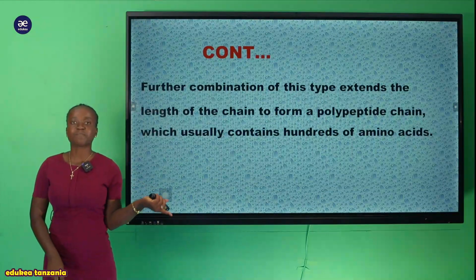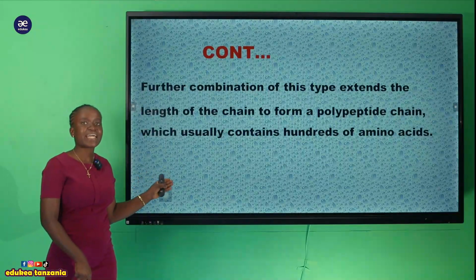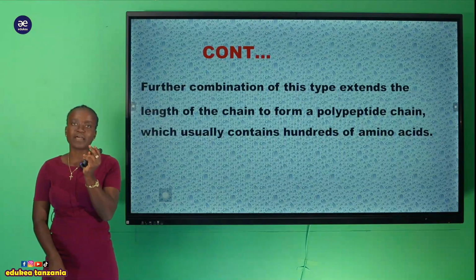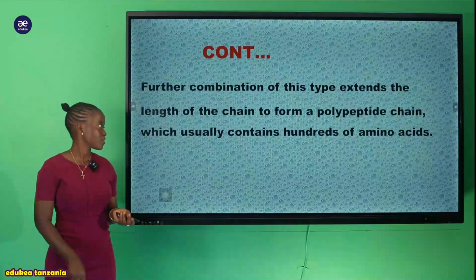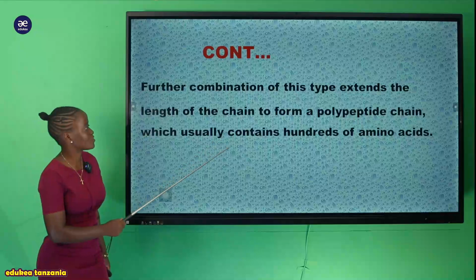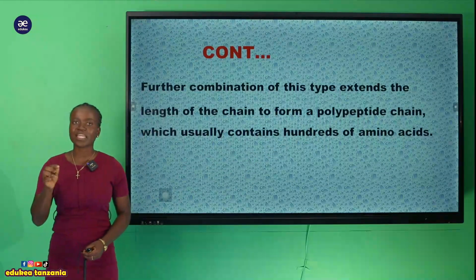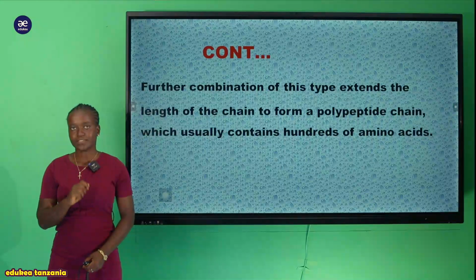Poly meaning many. We have already seen di, meaning two molecules of amino acid, they tend to combine together to form a dipeptide molecule. So now, a polypeptide usually contains hundreds of amino acids. Kwa proteini moja imetengenezwa na hundreds of amino acids.